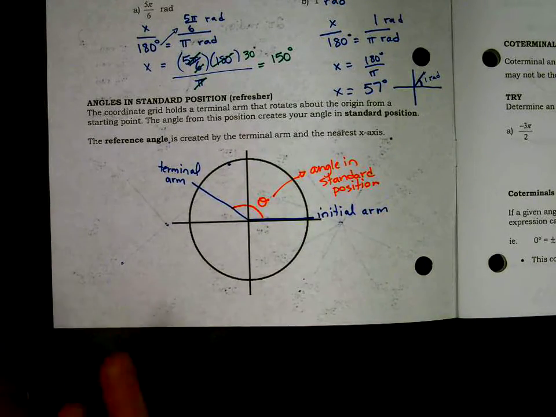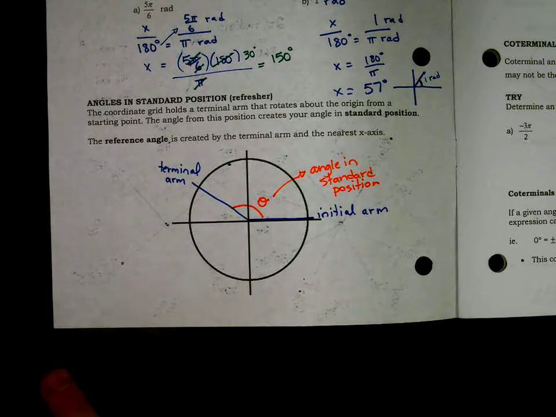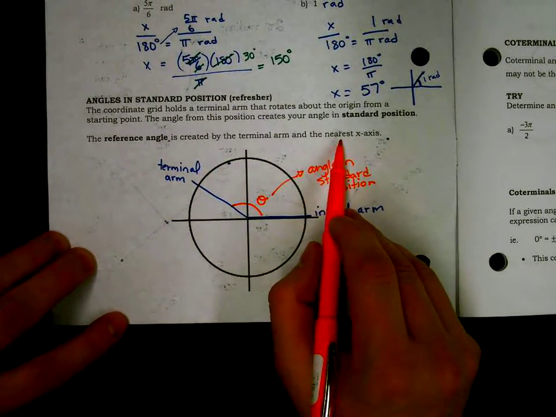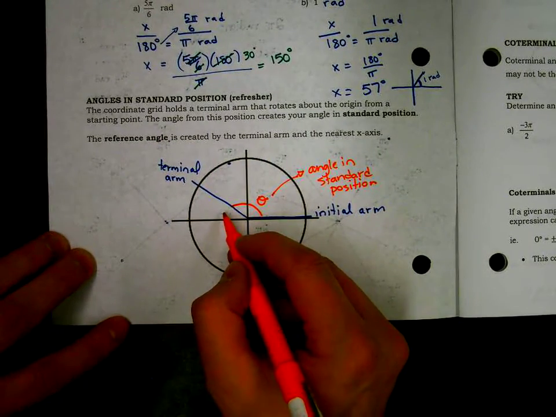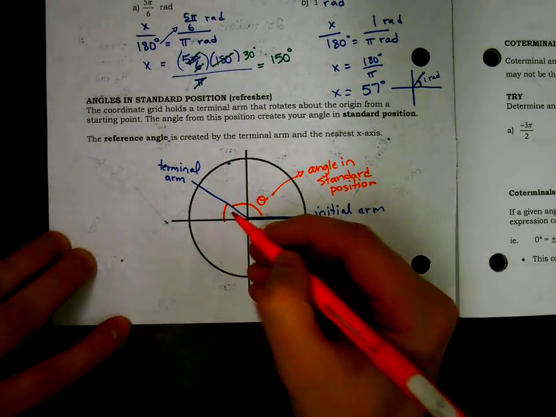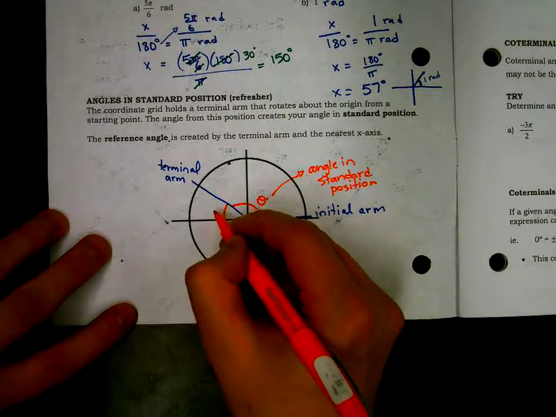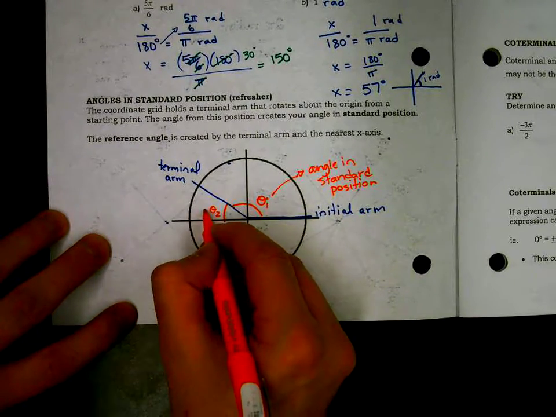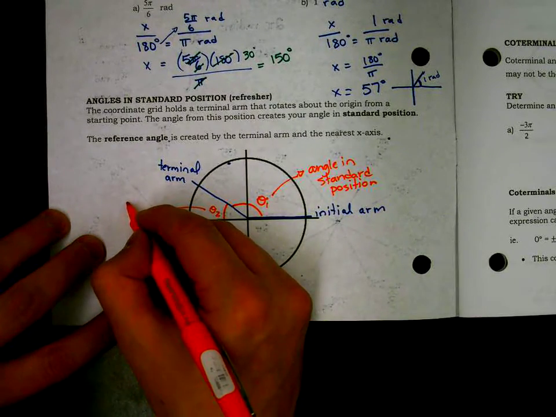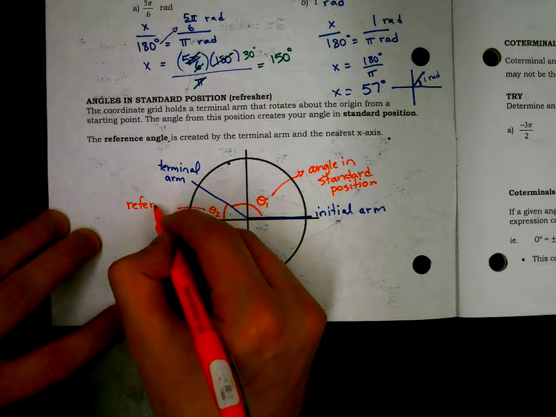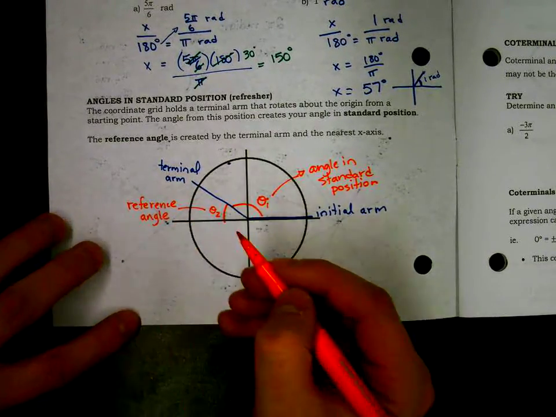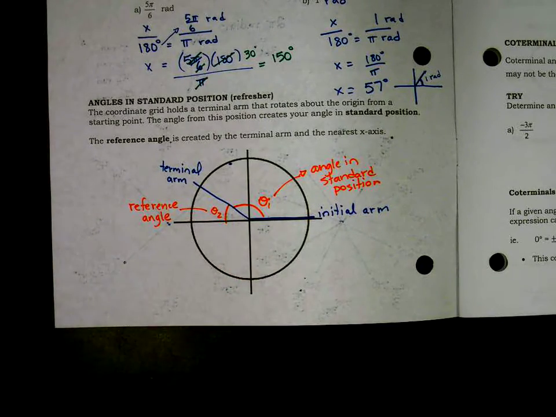What is created from this angle in standard position, though, is a reference angle. This is created by the terminal arm and the closest x-axis. So right here, there's another angle. Maybe I'll call this theta 1 and theta 2. Theta 2 is the reference angle. There was a lot of trig that you did in grade 11 that required you to know the difference between both of those, but there will be a refresher of that.